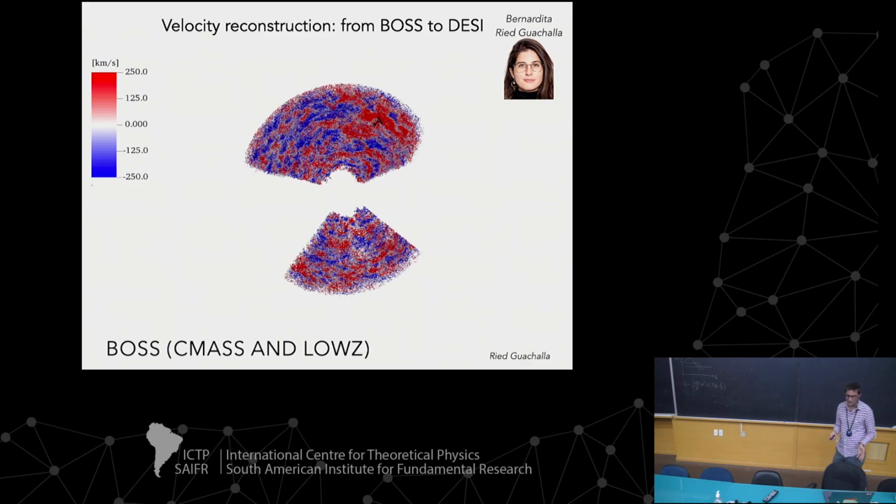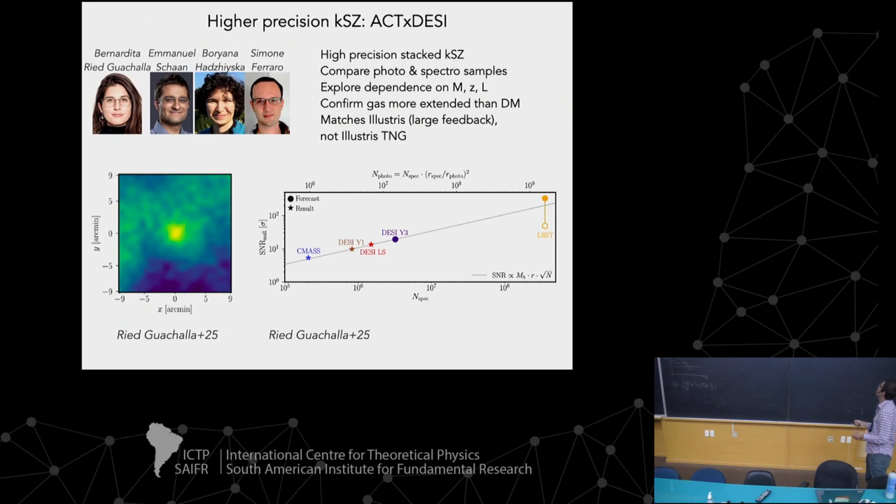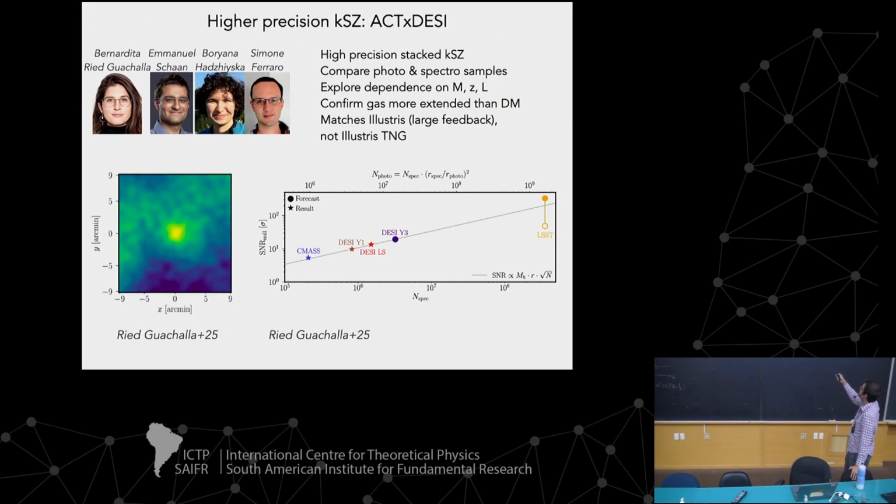So the rule of thumb is one spectroscopic galaxy is worth 4 photometric galaxies in terms of how the signal to noise scales. Right, and this was used to put on the same plot something like LSST that's photometric with something that's spectroscopic like DESI. Thanks a lot, yeah.